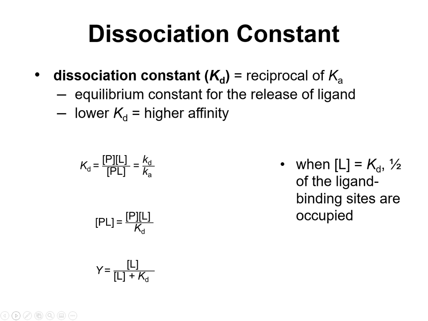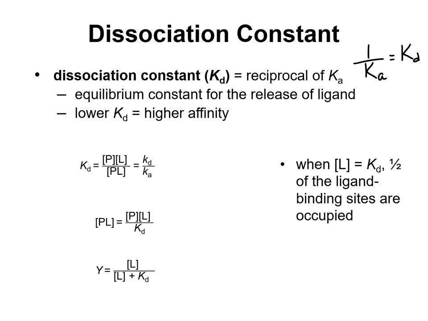I apologize for the whole field of biochemistry. Anywho, the dissociation constant is the reciprocal of the Ka. So that means that 1 over the capital K, lowercase a, is equal to the capital K, lowercase d.